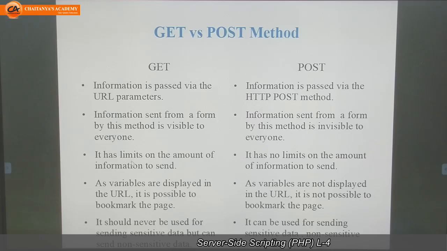So it has limits on the amount of information to send. We can send a limited amount of information by using the get method, but by using the post method, we have no limits. We can send any amount of information.